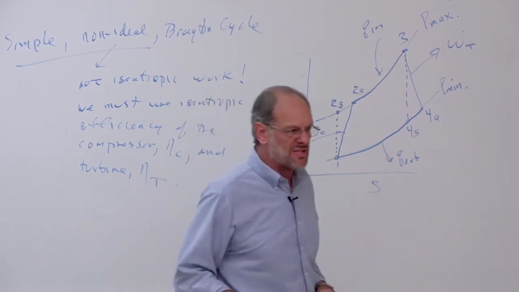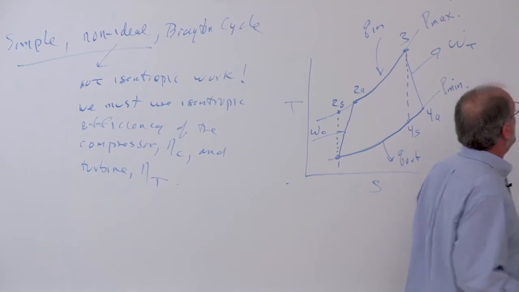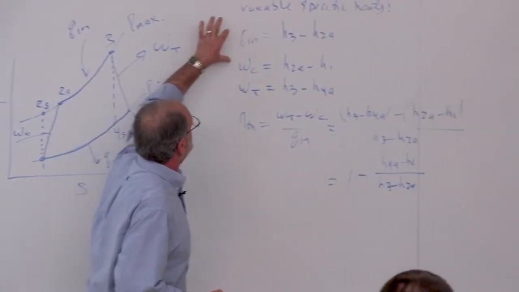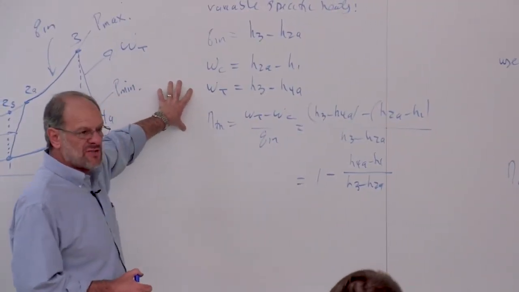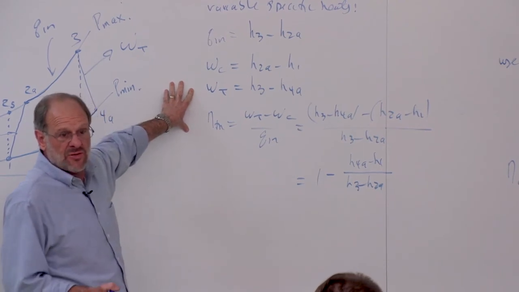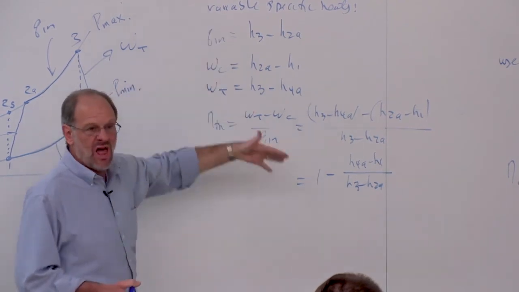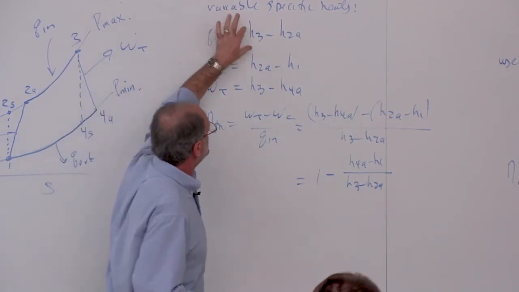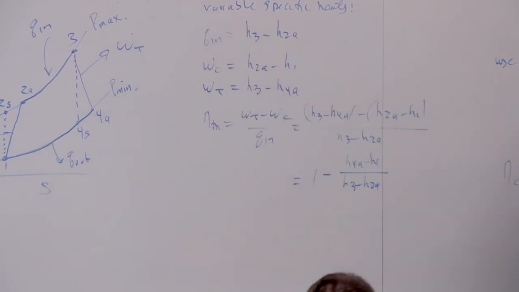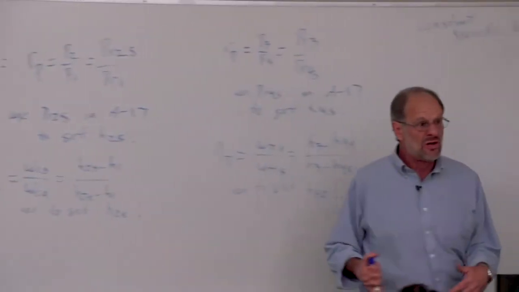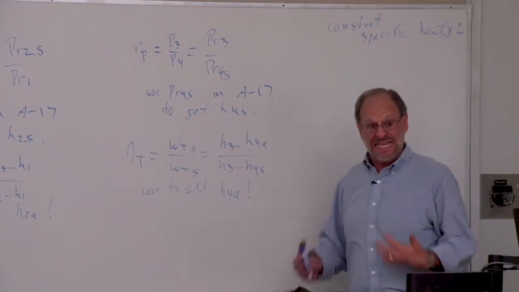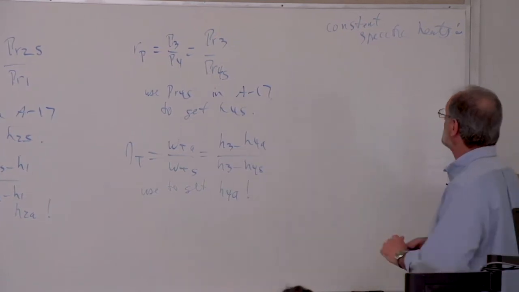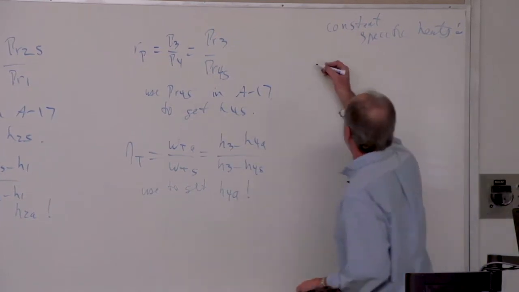We're only changing our methods of solution, so nothing really changes. Also, let's keep in mind that these general equations from variable specific heats came from the first law of thermodynamics. They still apply. The only difference is, of course, we're going to replace the enthalpy change with Cp times the temperature change, just like we did a few minutes ago for the ideal cycle, right? Nothing has changed. So let's just rewrite some of these terms.